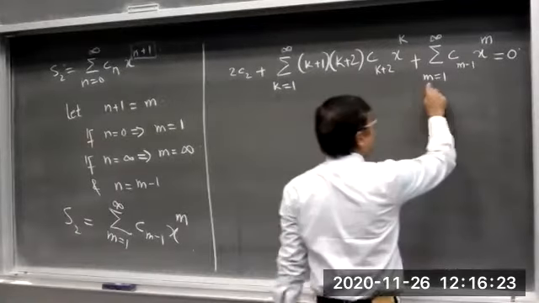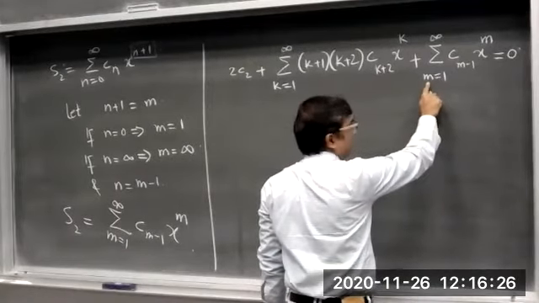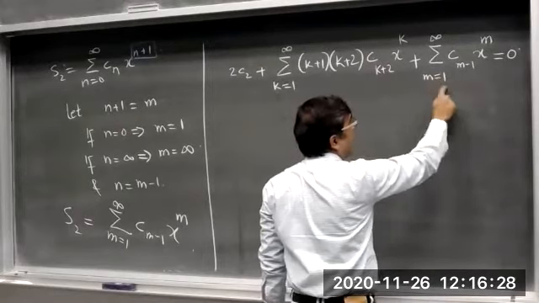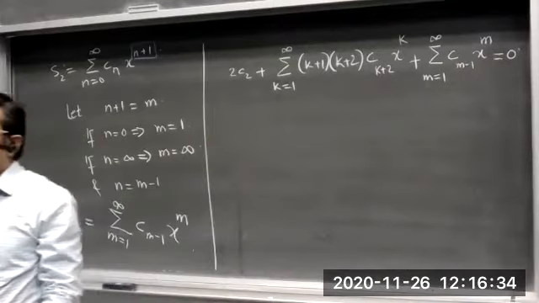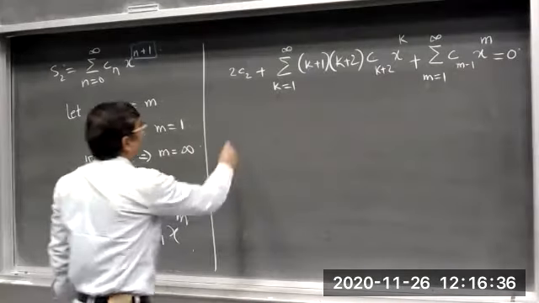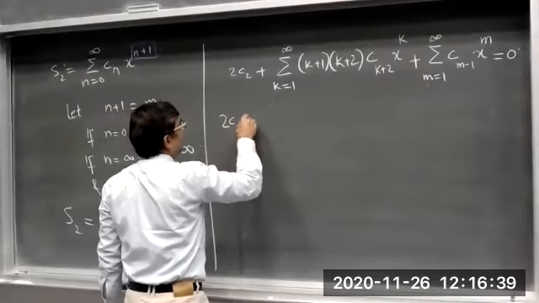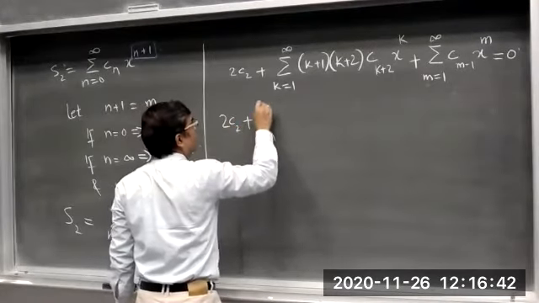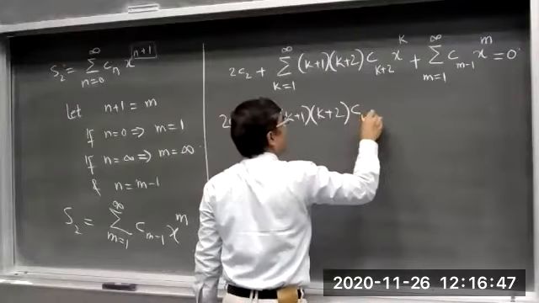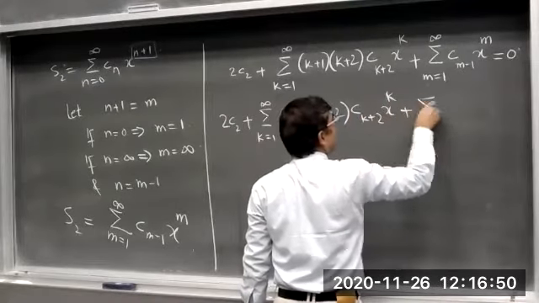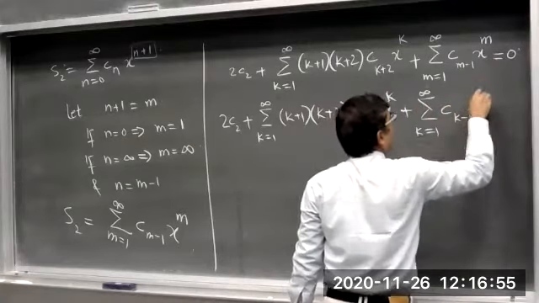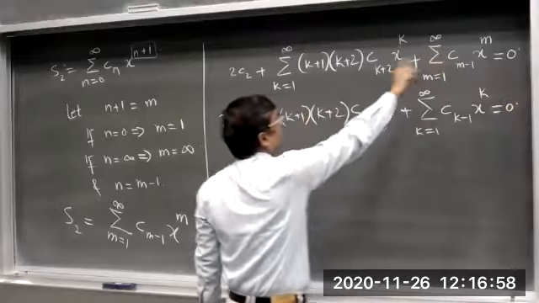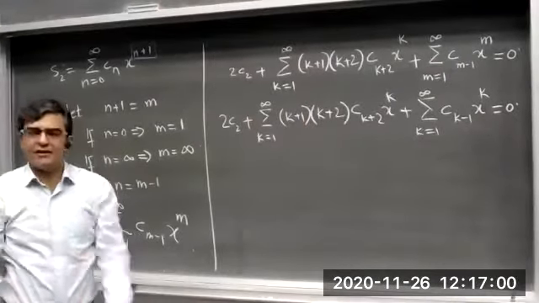Or you can replace this m with k from 1 to infinity c k minus 1 x power k, because the index in any series is dummy. So we can write here 2c2 plus summation k from 1 to infinity, k plus 1, k plus 2, c k plus 2 x power k plus summation k from 1 to infinity, c k minus 1 x power k. We have changed the index of this second series so that they become identical.